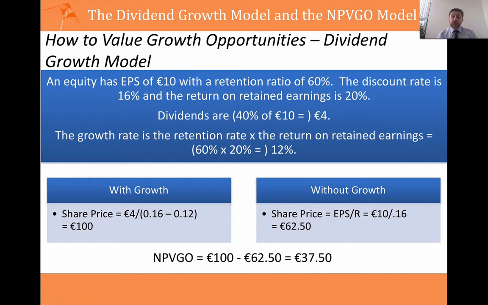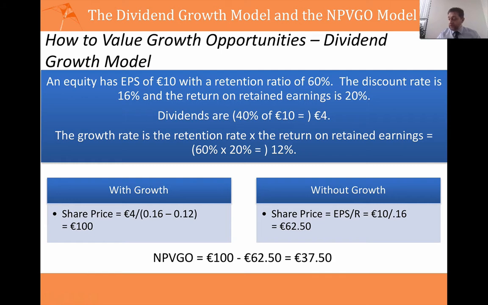So our retention ratio is 60%, which means our payout ratio is 40%. So how much are the dividends? It's 40% times the earnings per share of €10, which means that our dividends are €4. Now we want to work out the growth rate in our dividends, and you'll recall from a previous video, the growth rate is equal to the retention rate multiplied by the return on the retained earnings.